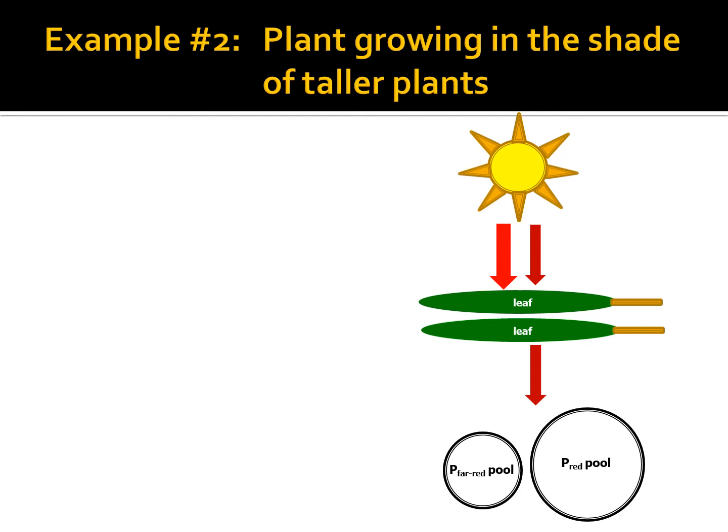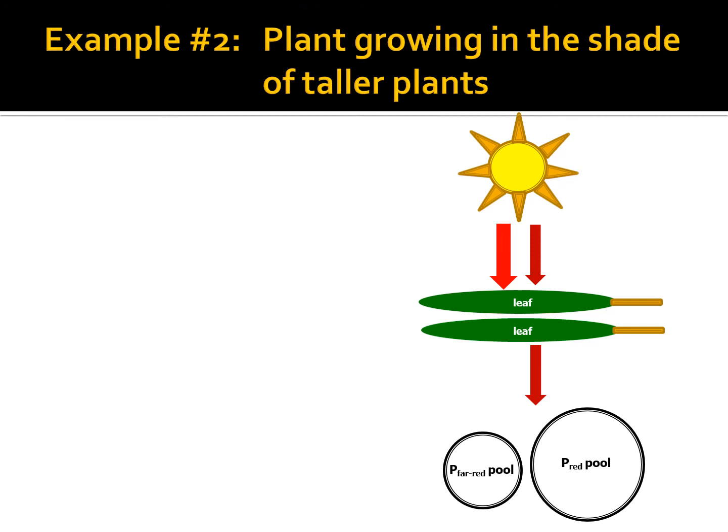Now if you think back to that diagram, this means that if the leaves of the understory plants are exposed to mostly far red light, then the phytochrome in those leaf cells is going to be in the red form predominantly.